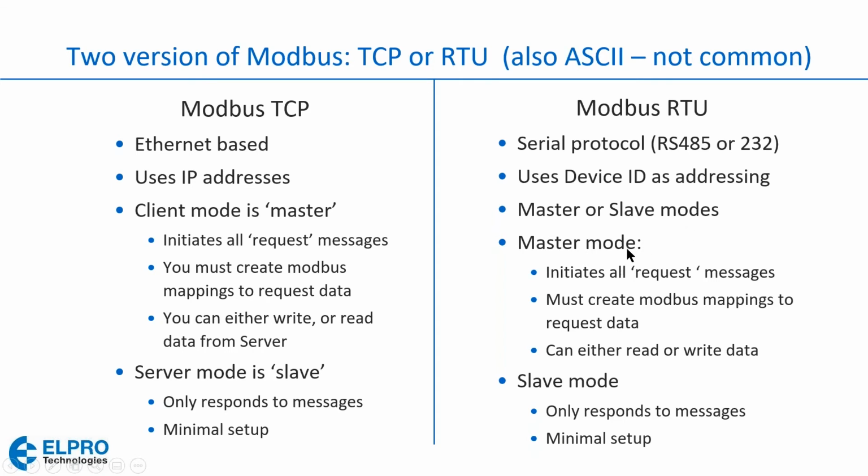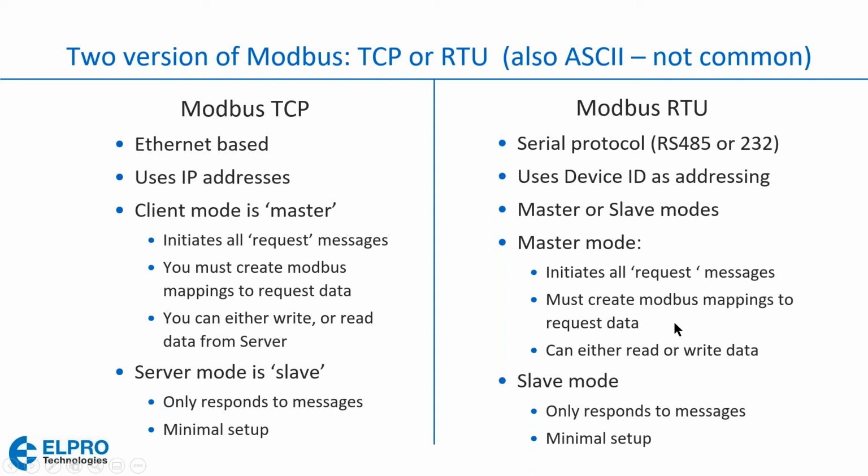In terms of master mode, the master device initiates all request messages. So a slave will never produce any data or transmit anything unless it is responding to a request message from the master device. In order to get these messages initiated, you have to create Modbus master mappings to request the data, where you have to specify which slave device you would like to get the data from.